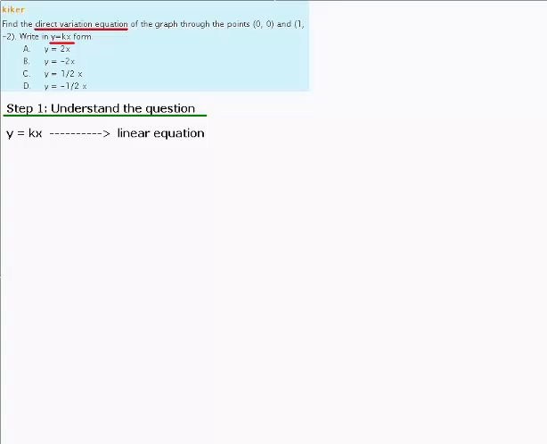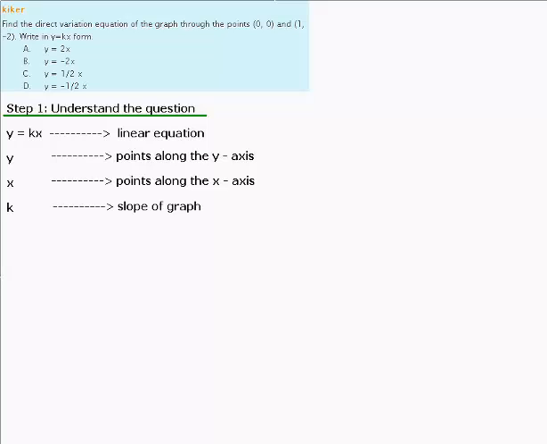That is, y varies directly with respect to x. If y represents any of the points along the y-axis, and x represents any of the points along the x-axis, then k is the slope of the graph. That is, it measures the rate with which y varies with respect to x.